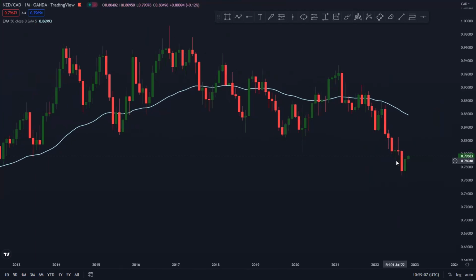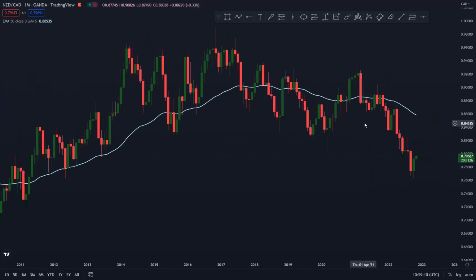Looking at the monthly time frame, we clearly traded back to test previous lows.